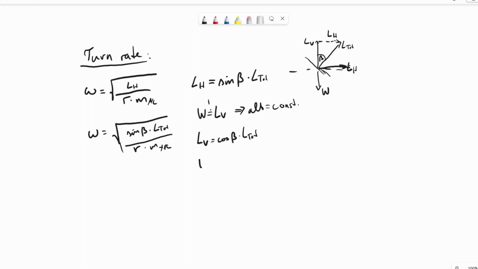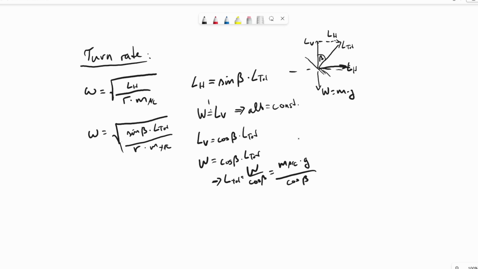So our weight is equal to cosine beta times L tot, and that means our lift total is weight over cosine beta. Now that's awesome, because the weight we can rewrite as mass of the aircraft times gravitational constant. So we have mass of the aircraft times gravitational constant divided by cosine beta.